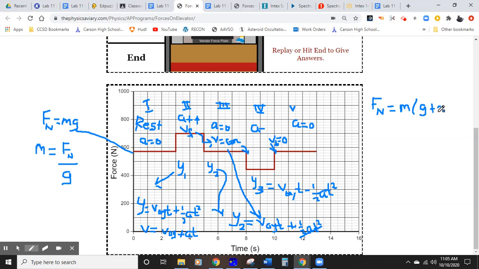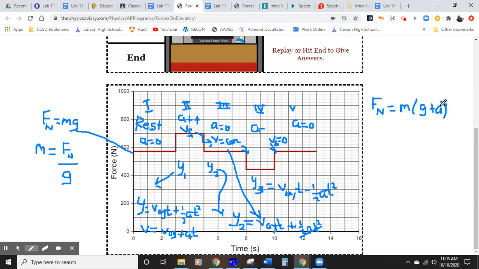A lot of people were putting negative in there and some other things. So what you need to do to figure out a is read the graph. Wherever the force is over here, this will be your normal force. That will go here. The person's mass will not change. g will not change. You have to calculate a going up and then calculate a going down.